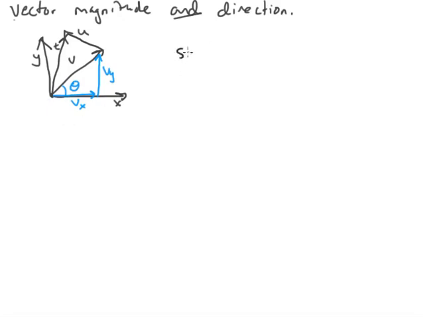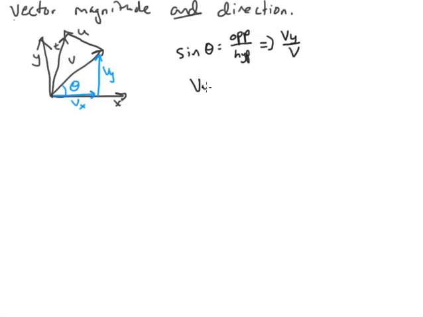If we remember from trig, the sine of theta is equal to the opposite over the hypotenuse, and the opposite to this angle here is Vy, so that equals Vy over V, where the hypotenuse is V.